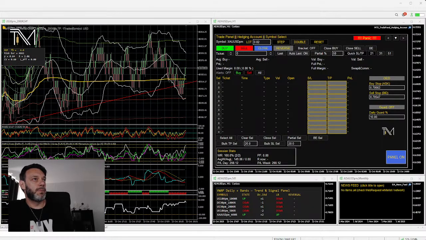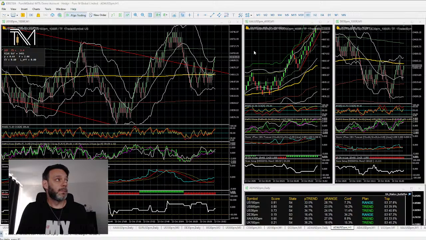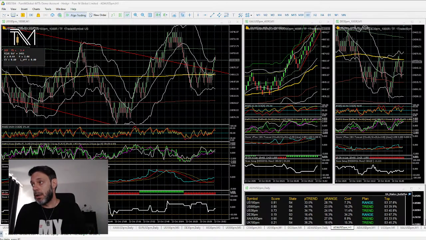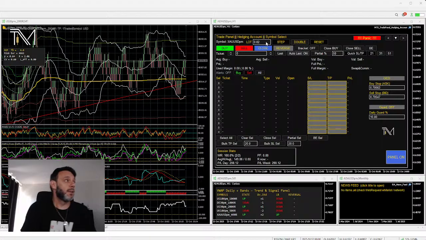So I will be super careful about that. This is gold, this is the wedge. So as I showed you before, we will use 0.02 as the starting lot, and then we will increase if it's necessary.